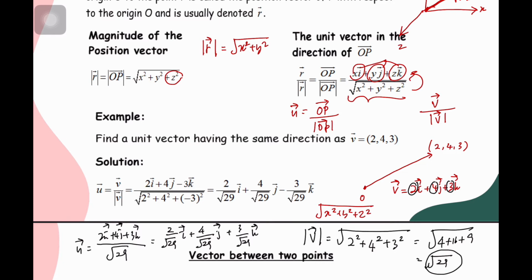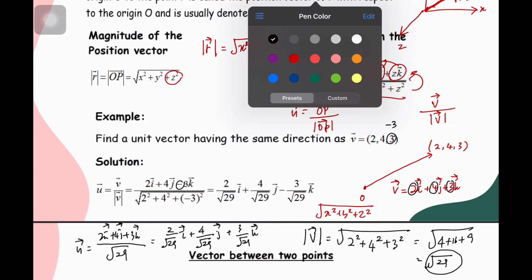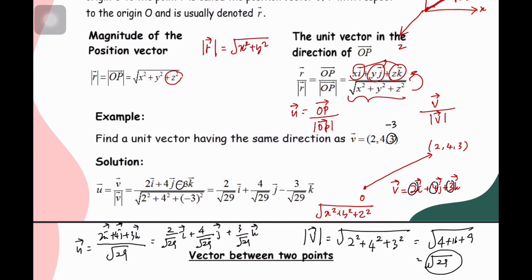Okay, maybe this one is wrong. This one should be -3, because the sign here is negative. The point is -3, so when the point is -3, your sign will be negative here.